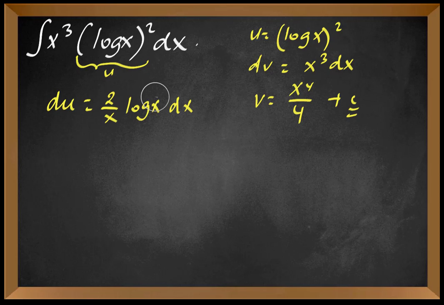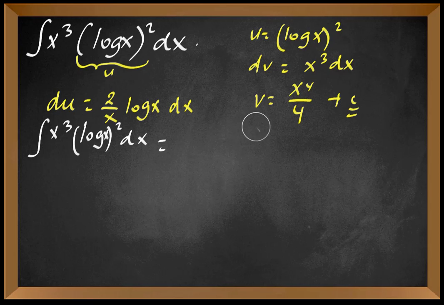Now we are going to use the integration by parts formula, meaning that the indefinite integral of u dv is equal to uv minus the indefinite integral of v du. So we get here uv, which is equal to x to the power 4 over 4, that is v, times u, log of x squared.